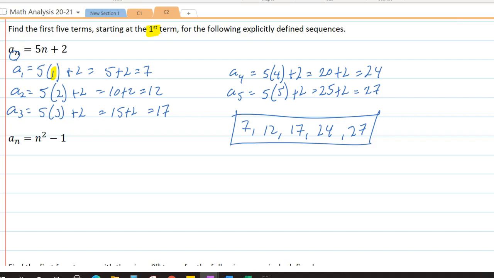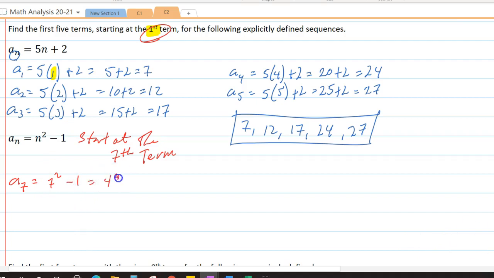For example, if for the next one, instead of starting at the first term, they said start at the 7th term, then we're going to start with a sub 7, which is going to give us 7 squared minus 1. That would give us 49 minus 1 is equal to 48. And then they want 5 terms still, so we would say a sub 8 would be our next one. 8 squared minus 1 is equal to 64 minus 1, which is equal to 63.